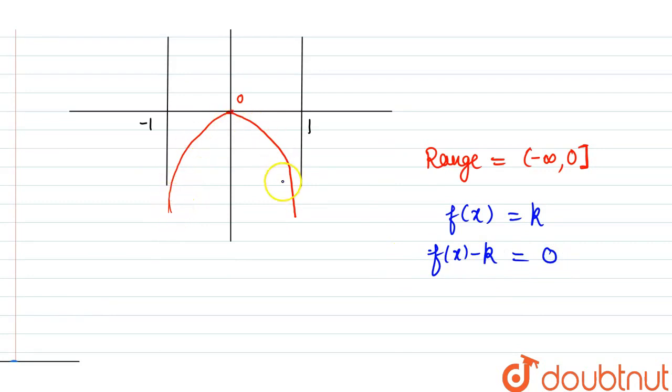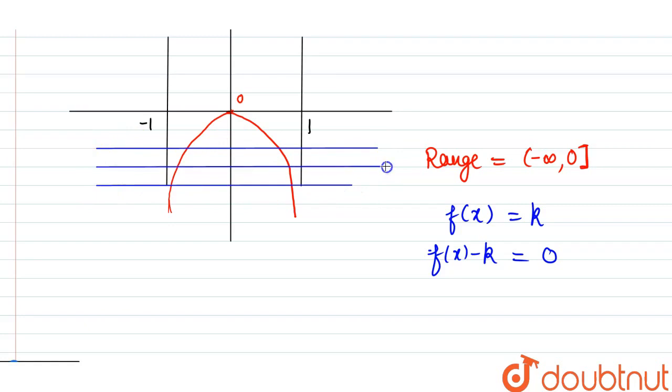So this is f of x and k, that is the value of f of x, y is equal to k. So y is equal to k will be somewhere here, or it can be here. So there can be many values for k that will pass through 2 points for the given graph.